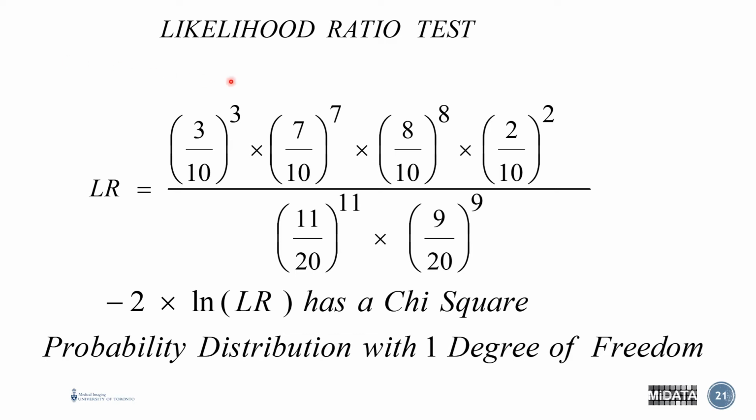Well, the likelihood ratio test: when calculating the likelihood ratio, the -2 log likelihood ratio turns out to have a chi-square probability distribution with 1 degree of freedom. And by using this distribution, we will be able to calculate the probability of obtaining a result as extreme or more extreme than the one we obtained.